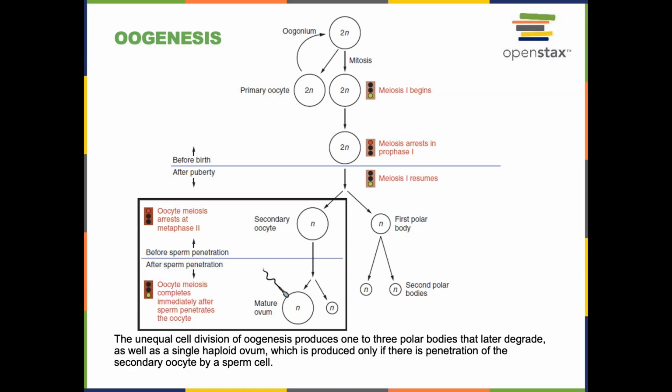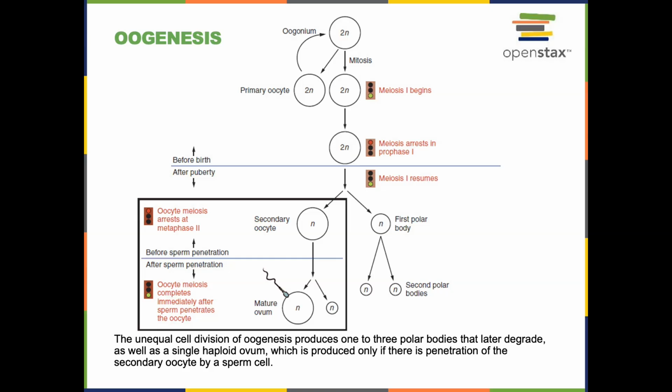The polar body is essentially just a waste product to remove excess chromosomes, as the secondary oocyte will then go on to meiosis 2. However, meiosis 2 will also become arrested.